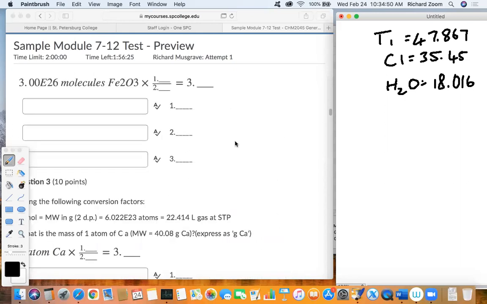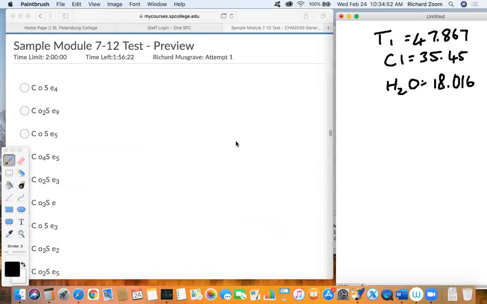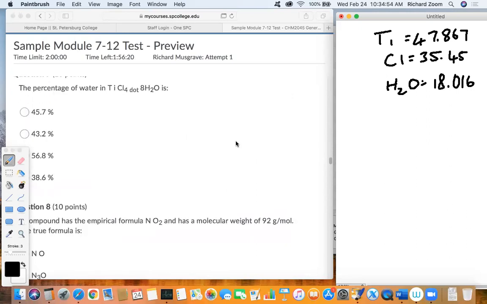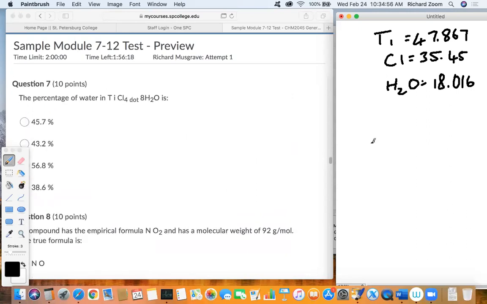Okay, so we're going to do a little bit of math here to come up with the molecular weight. And the formula we're using for the percentage of water is going to be 8 times the H2O molecular weight divided by the total molecular weight multiplied by 100%.